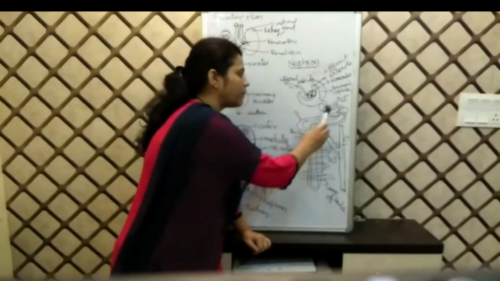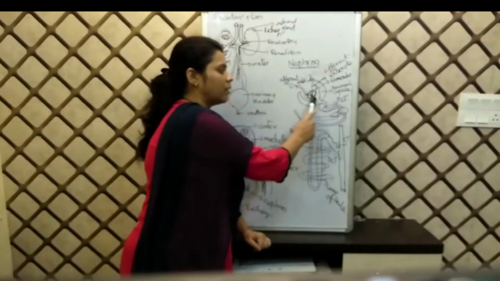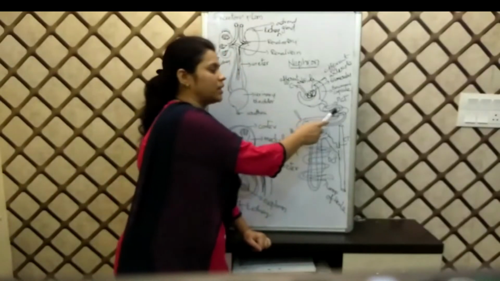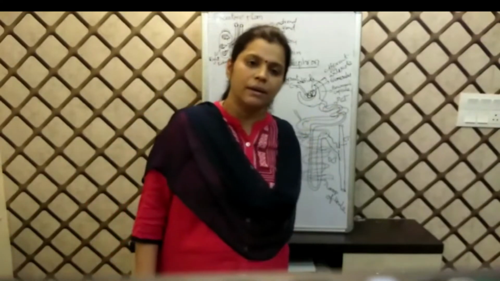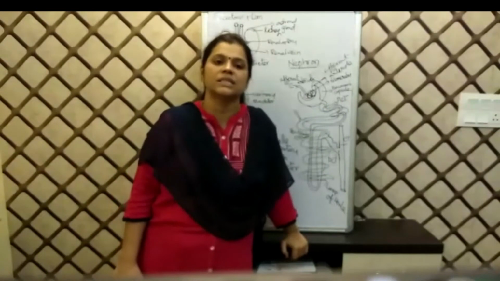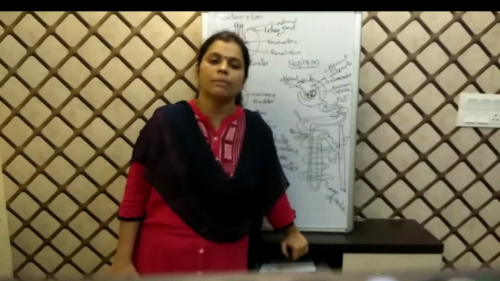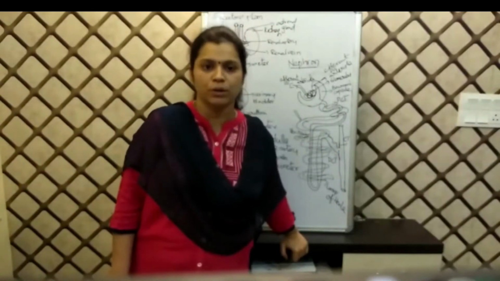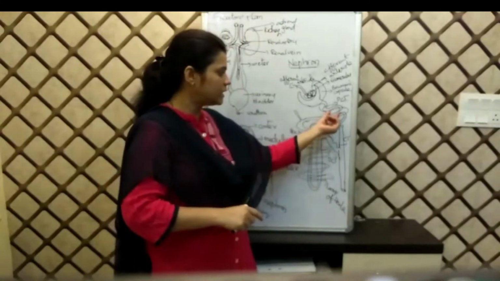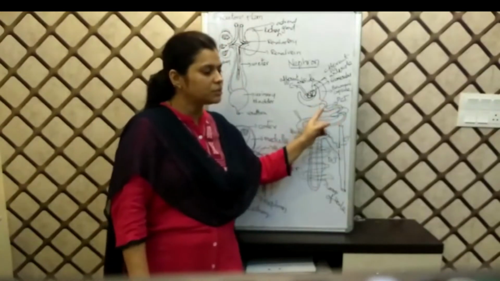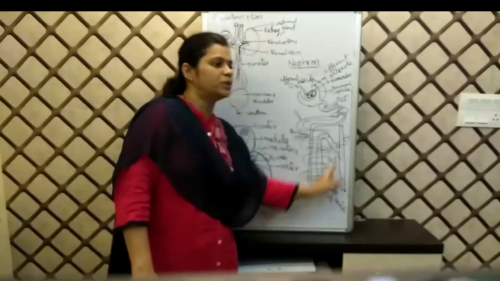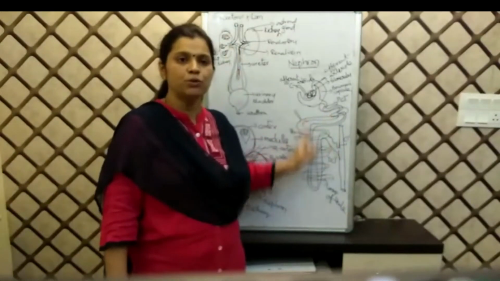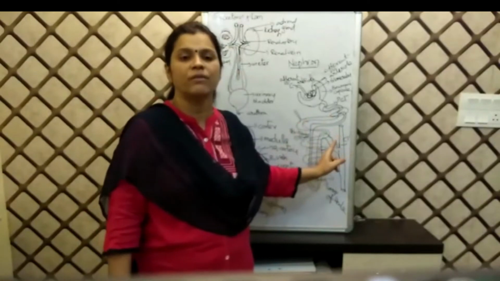The first part, immediate to the Bowman's cup, is the PCT. In short we call it PCT, and the full form of PCT is proximal convoluted tubule, which has foldings here. This proximal convoluted tubule runs down and takes a U-shaped bend, and that U-shaped bend is called the loop of Henle.